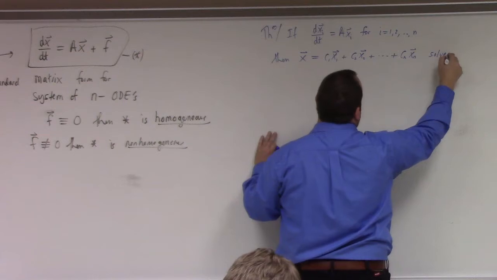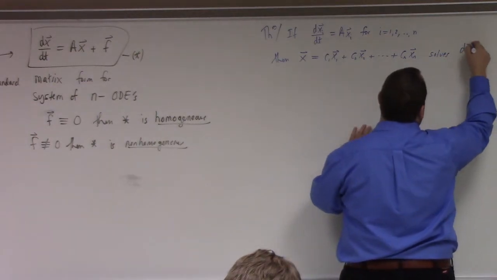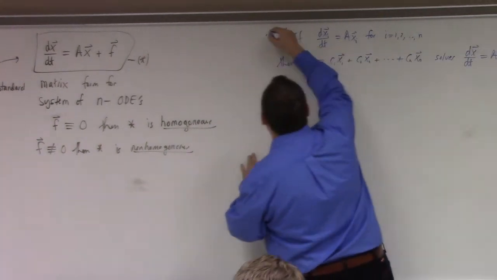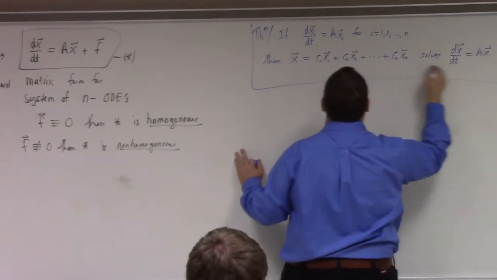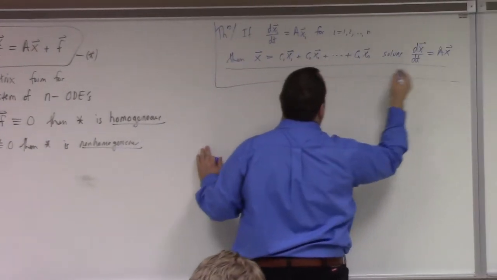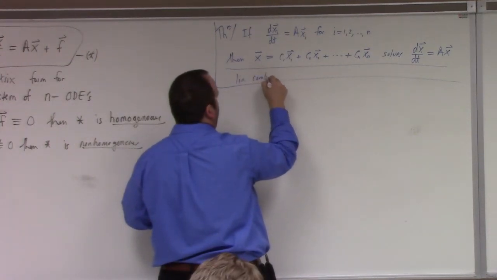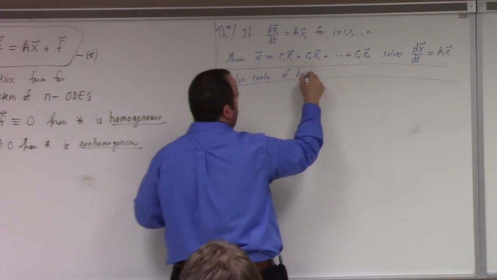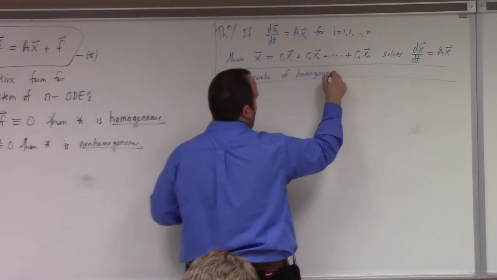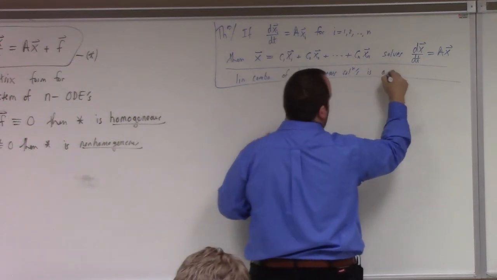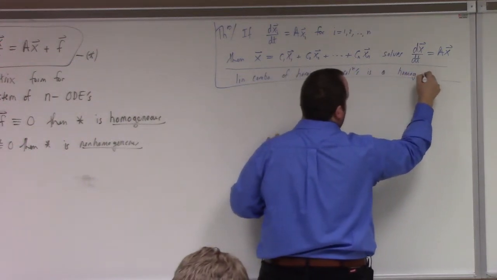Solves dx dt equals Ax. In other words, what this theorem says is that a linear combination of homogeneous solutions is a homogeneous solution.